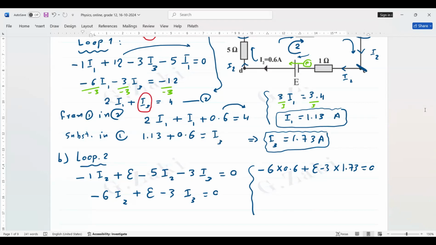So the answer is negative 8.79. So E minus 8.79 equals 0. Shift negative 8.79 to the other side, then the electromotive force is 8.79, the unit is.